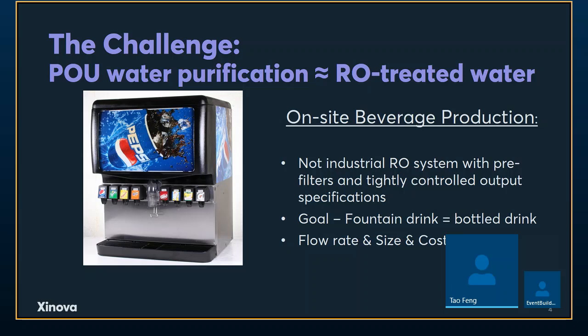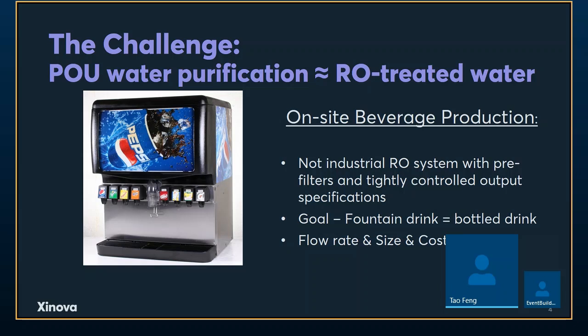So the challenge of this RFI is to find water purification technologies that are specifically designed for point of use applications, such as soda fountains. The ultimate goal is to produce pure water with consistent taste, but without using the more expensive and bulky reverse osmosis system. Similar to residential applications, in the soda fountain application the water filters cannot be too large and too expensive.